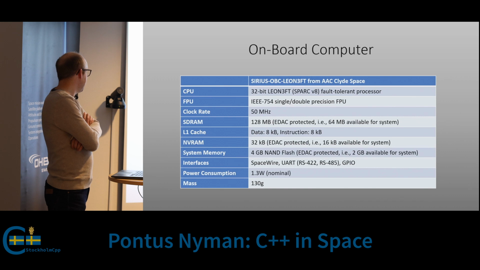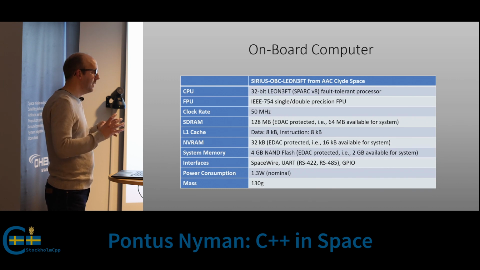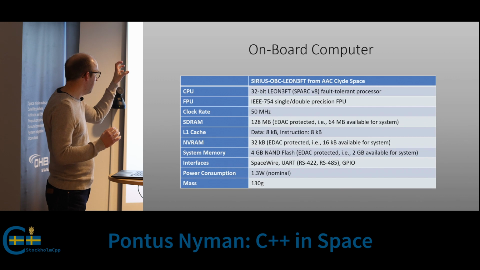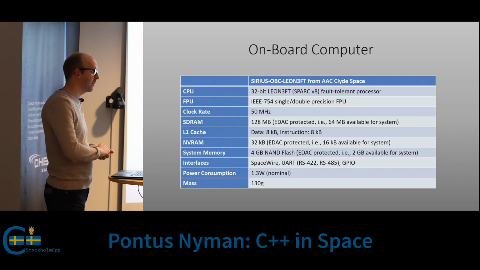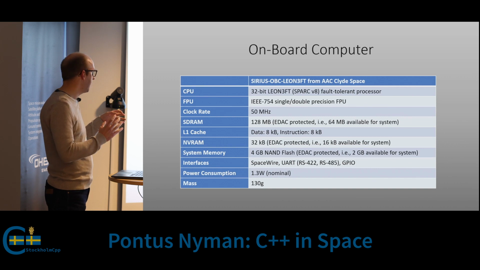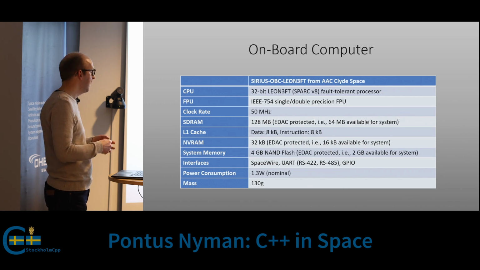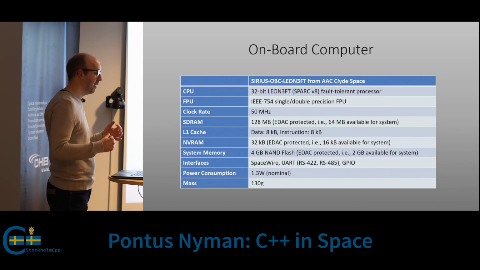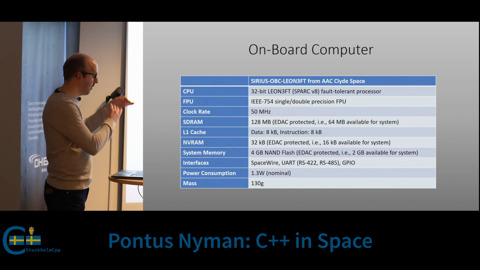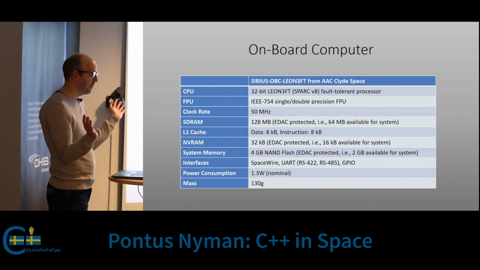But the bootloader, I will not go into that because it will take forever. But the bootloader actually uses the complete space. We have like 6 different copies of the software image, and 3 of them are read only, so you can't flash them when the satellite is in space. And then we have 3 that you can update, and they are spread out over the whole memory.